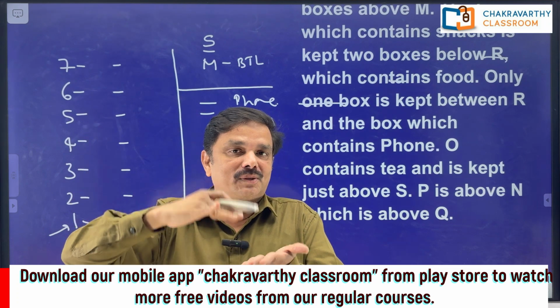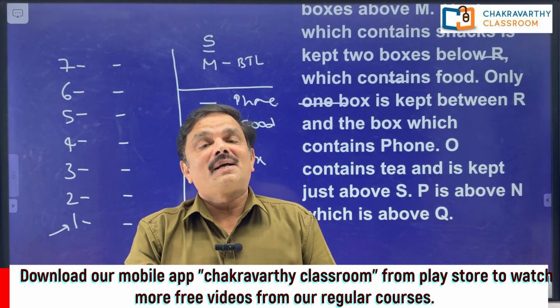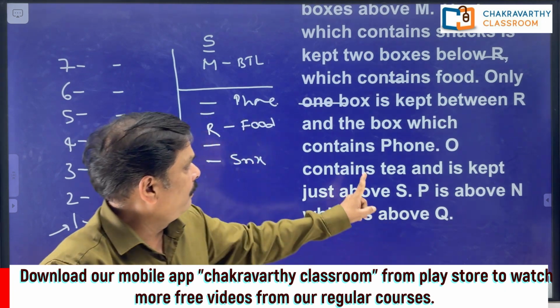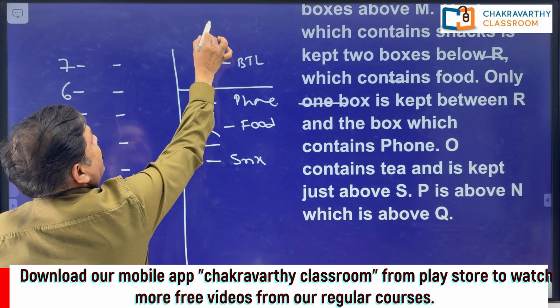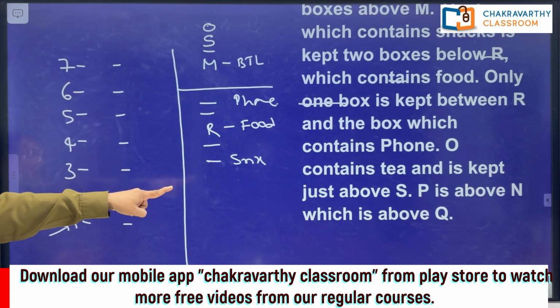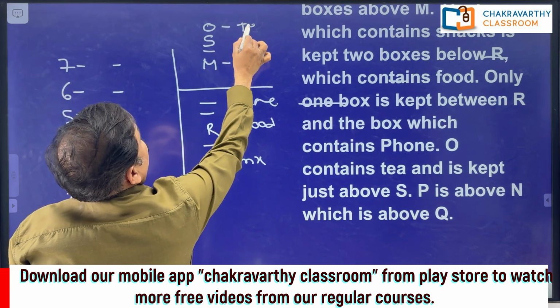Between S and that box, there may be 1 or 2 or 3, whatever the number may be. But here clearly they have given O contains T and is kept just above S. That means it must be O. Between O and S, there shouldn't be any other box. And O contains what here? This is T.